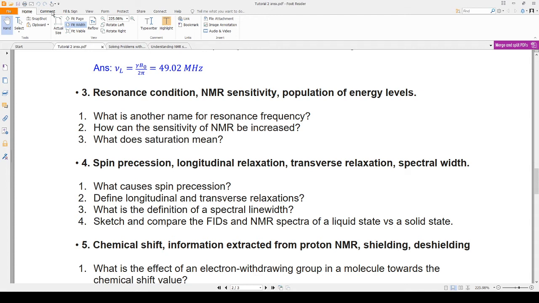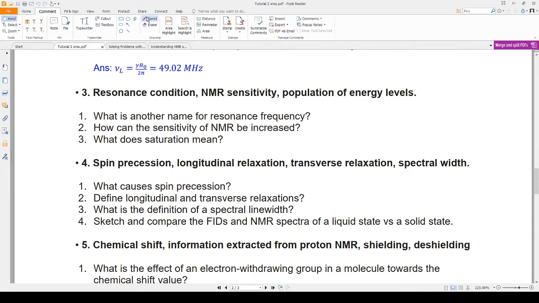So let's see here. If I can scribble here, this is a long FID, and in comparison, this is a shorter FID.